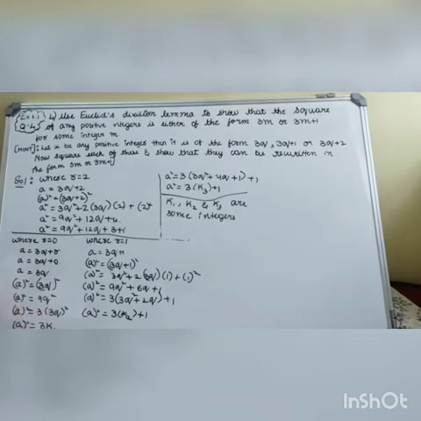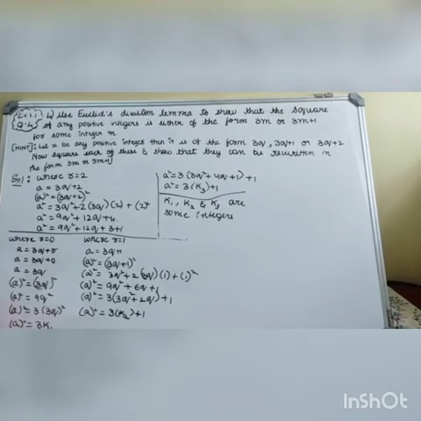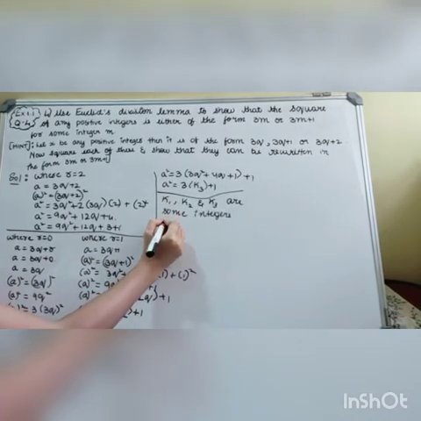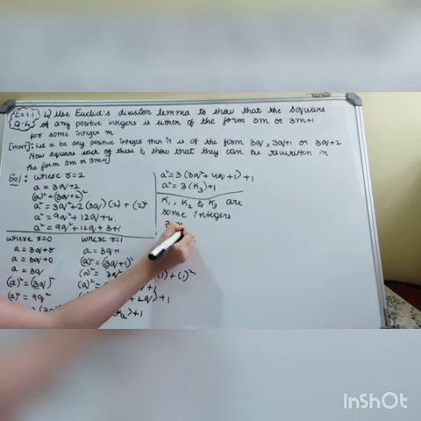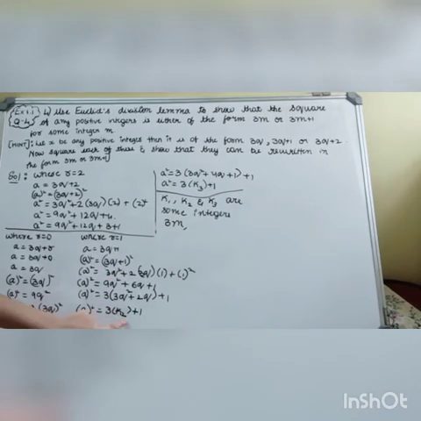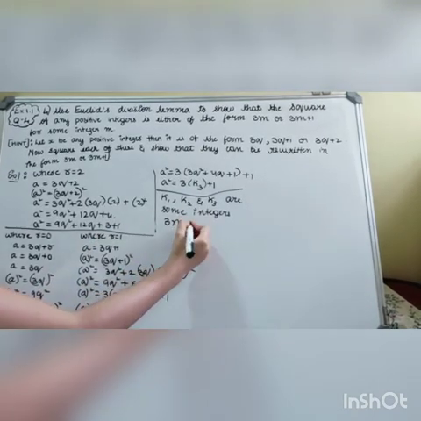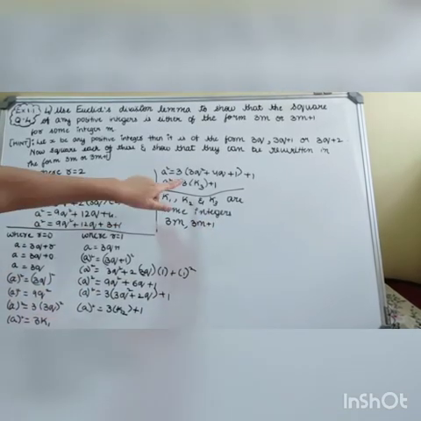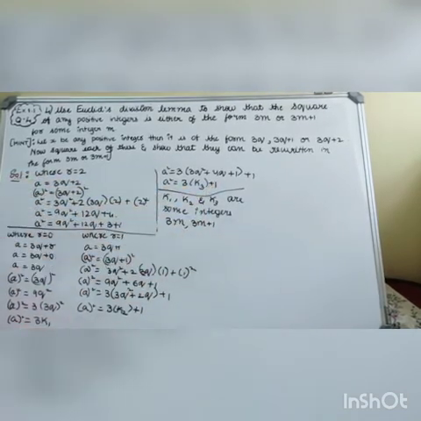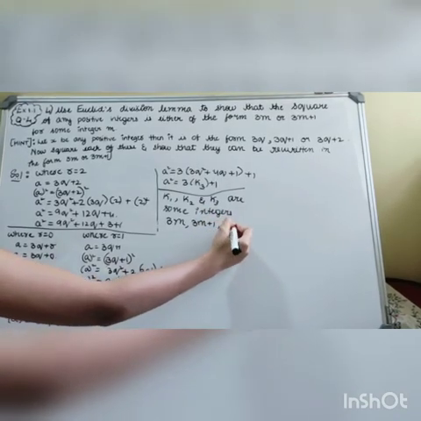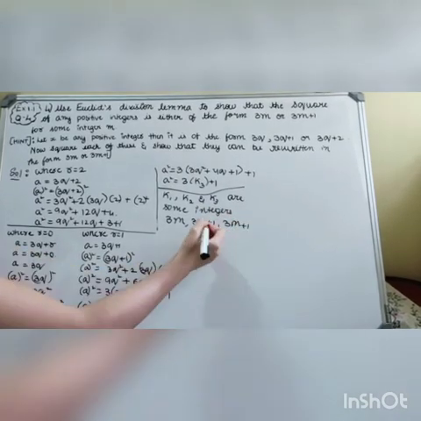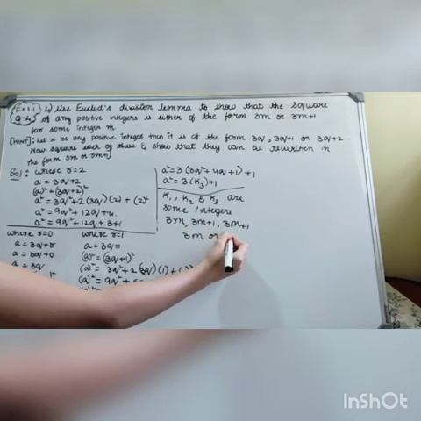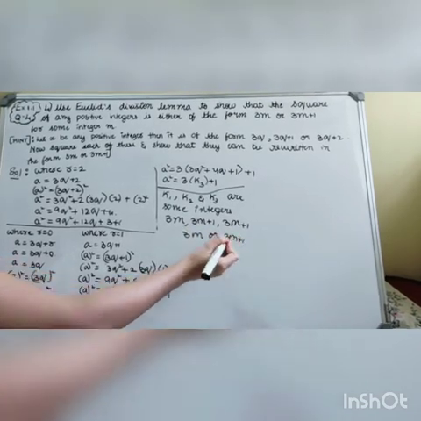So in the first case it is 3m, and here 3m plus 1, and here also 3m plus 1. So it can be 3m or 3m plus 1.